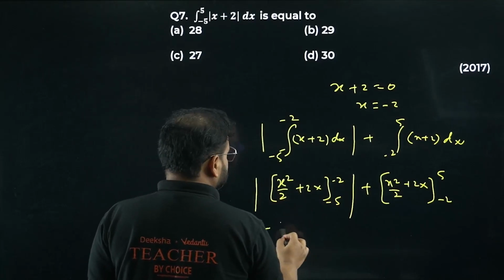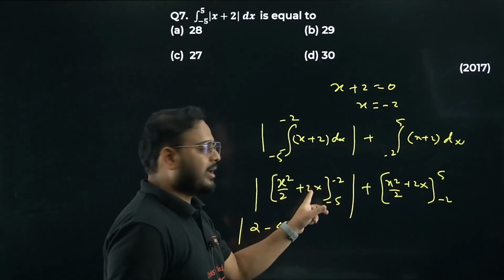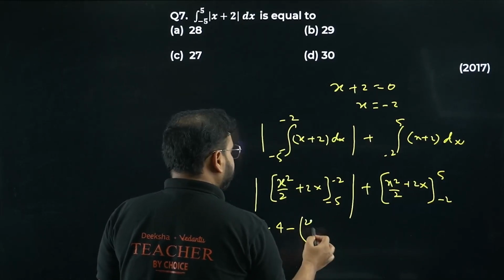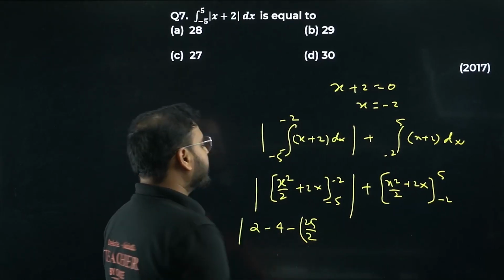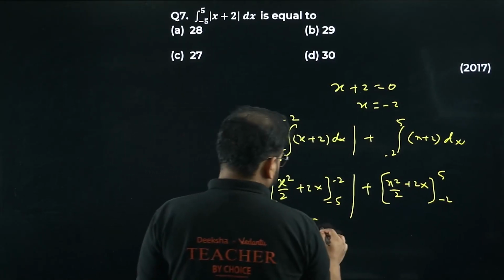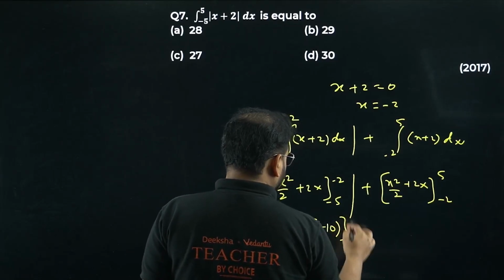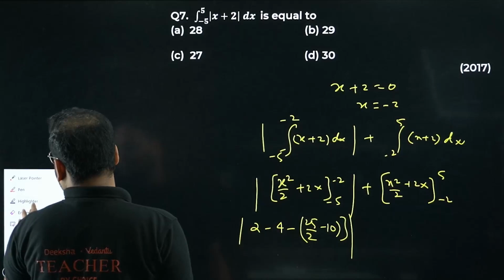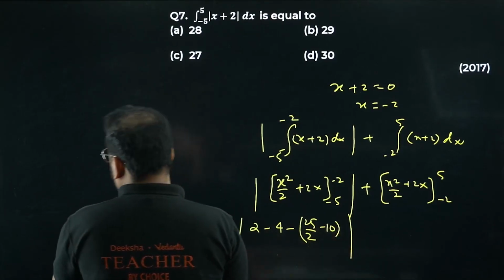You get here this minus 4. How come, sir? Minus 2 into 2x will become minus 4 only. Minus for the lower limit, minus 5 square will become 25 by 2, okay, and I have minus 10. So this is done. Put this modulus.